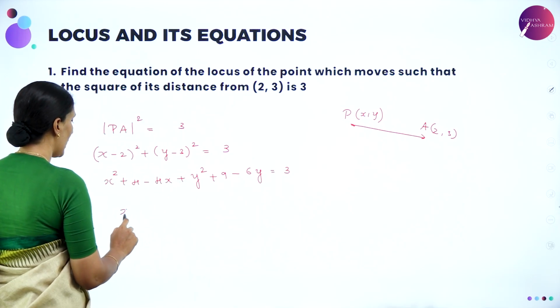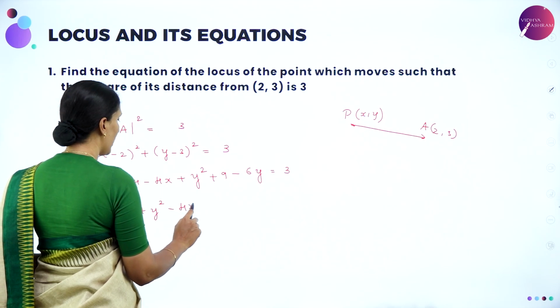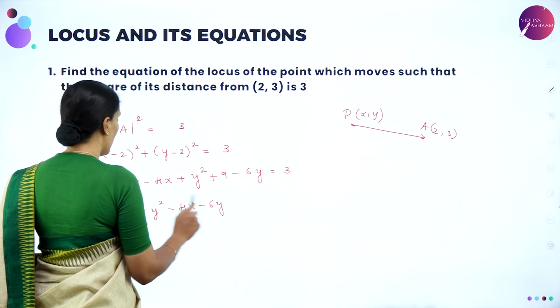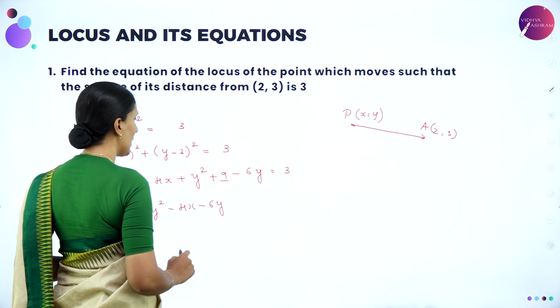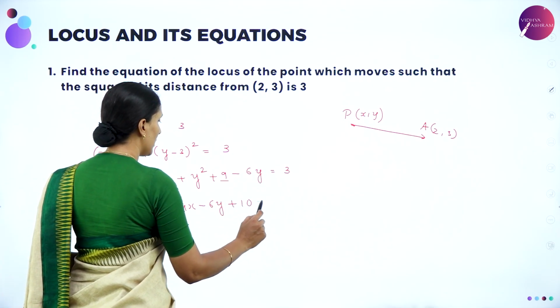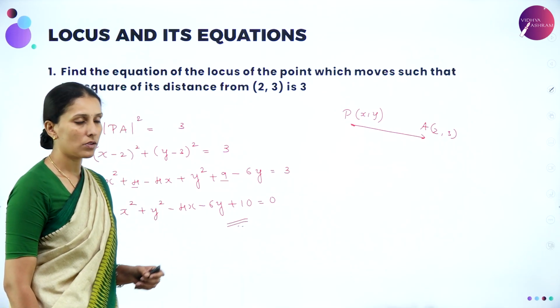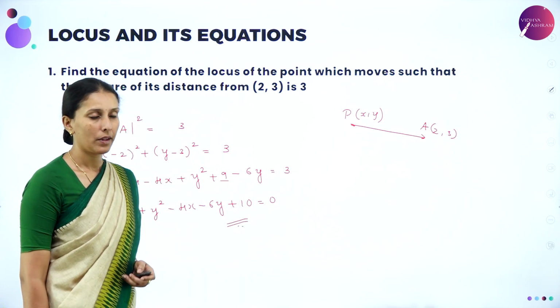So we get x square plus y square minus 4x minus 6y, now plus 4 plus 9 is 13, and 13 minus 3 is plus 10, is equal to 0. So this is the equation of the locus of the given point.